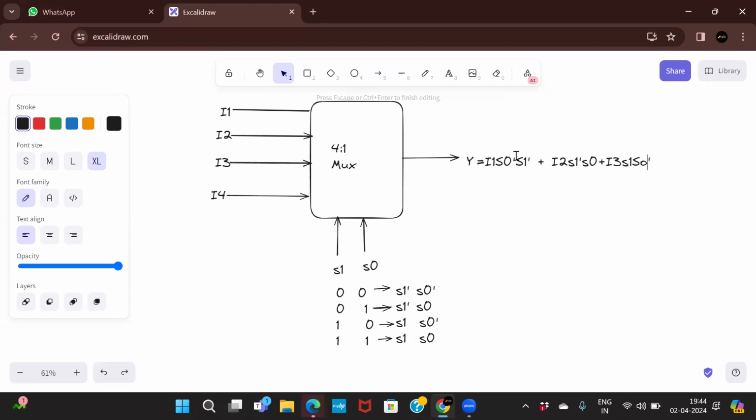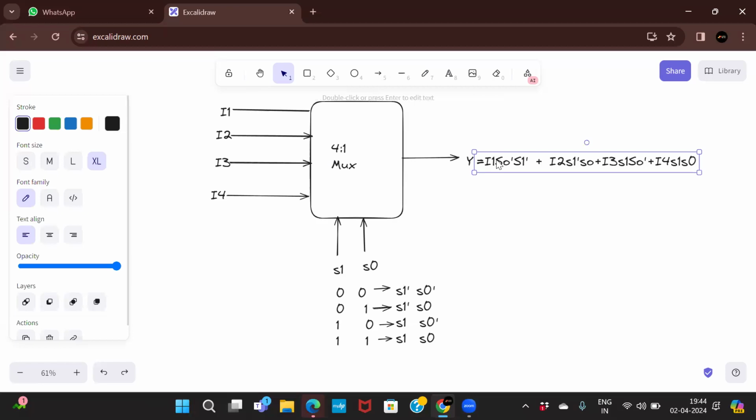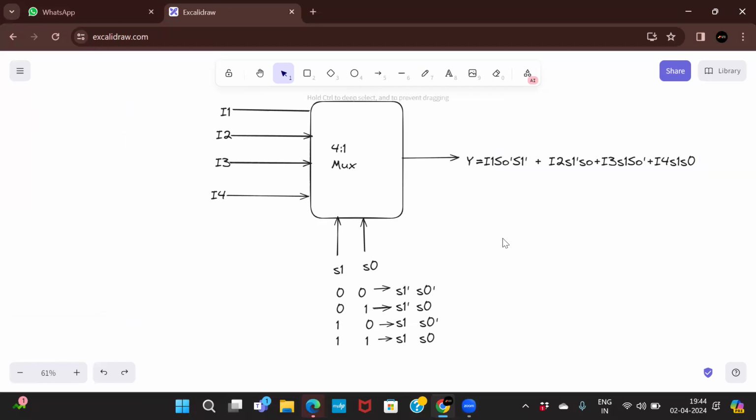Right? Next we have I4, S1 and S0. So this is our output.